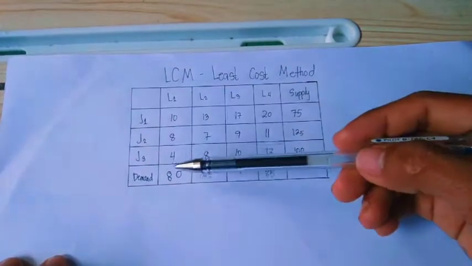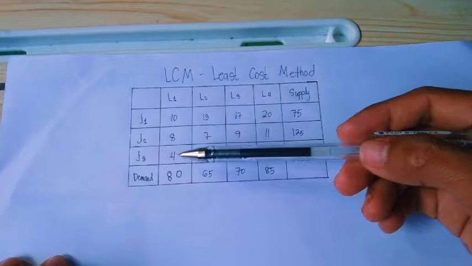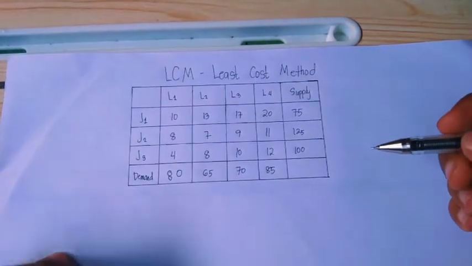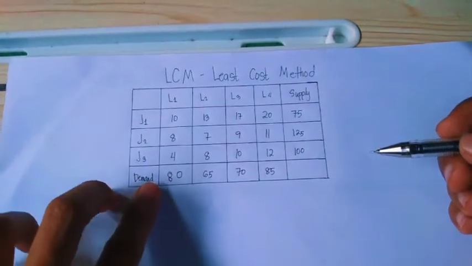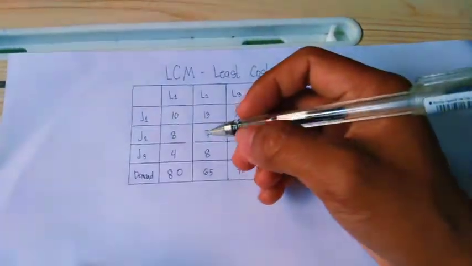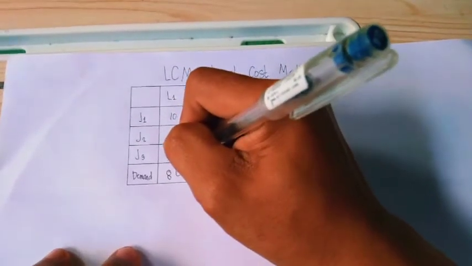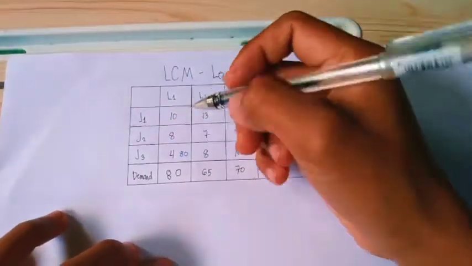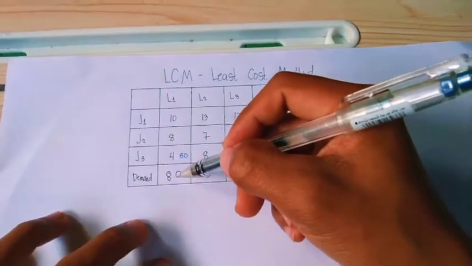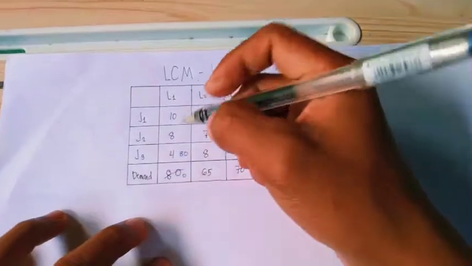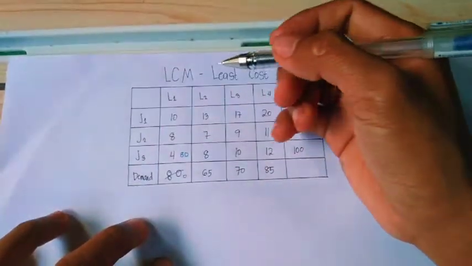In this row, the 4 is the least, so we will start at 4. So we will put 80 on 4 to satisfy the demand. So we will cross this out to 0. So this row is satisfied.